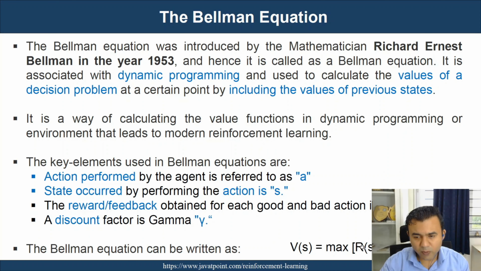It could be a penalty or a reward, positive or negative. And gamma is nothing but the discount factor. Now this is Bellman's equation: this is the current value, and these are the previous values associated with the previous actions.